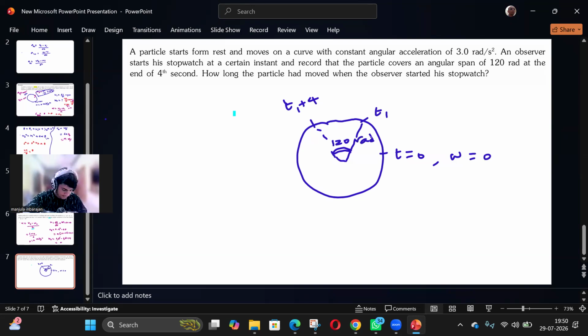So at t equal to 0, omega equal to 0. Alpha is given as 3.0 radians per second square. Angle 120. Which angle do you have to see? So this angle theta 1, you have to find out.